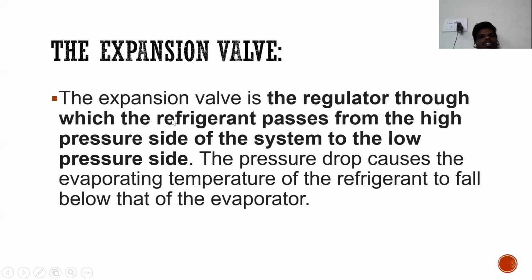And this is the expansion valve. This is the regulator through which the refrigerant passes from the high pressure side of the system to the low pressure side. The pressure drop causes the evaporating temperature to fall below that of the evaporator.